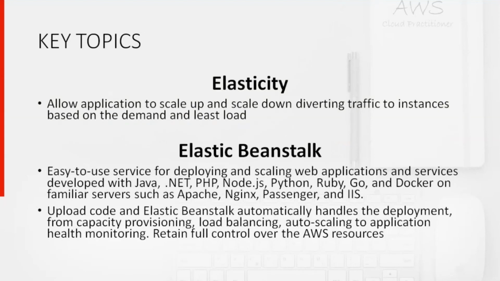Key topics. Elasticity. Allow applications to scale up and scale down, diverting traffic to instances based on the demand and least load. Elastic Beanstalk. Easy to use service for deploying and scaling web applications and services developed with Java, .NET, PHP, Node.js, Python, Ruby, Go, and Docker on familiar servers such as Apache, Nginx, Passenger, and IIS.